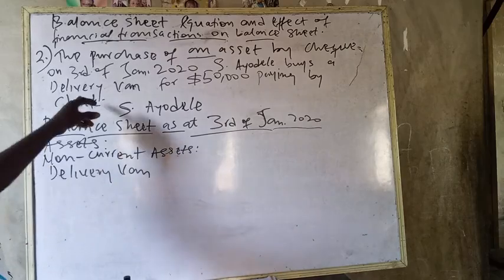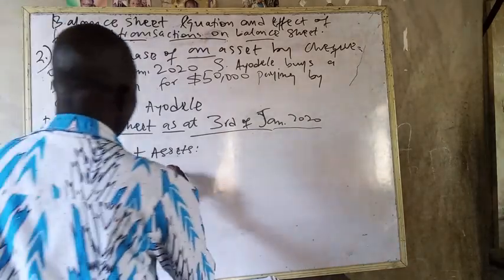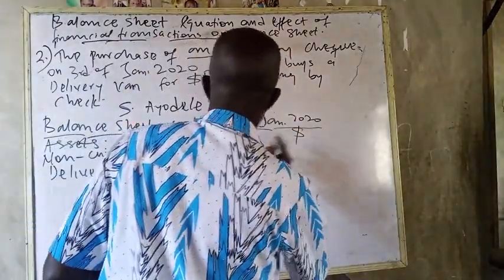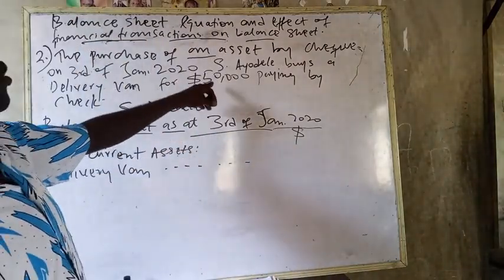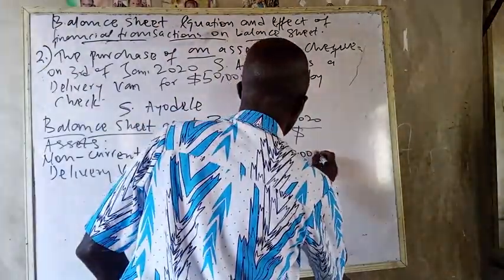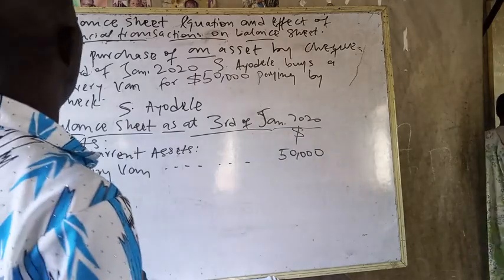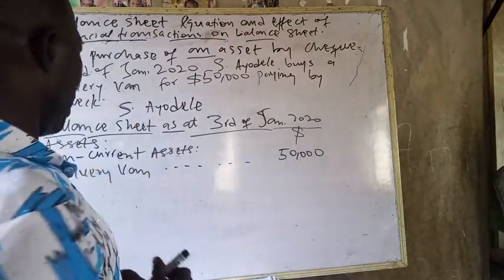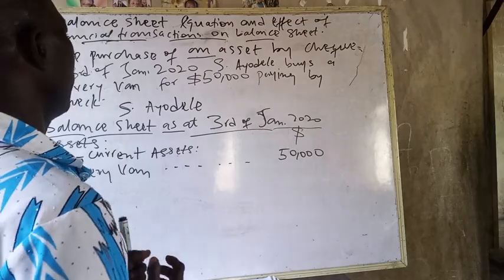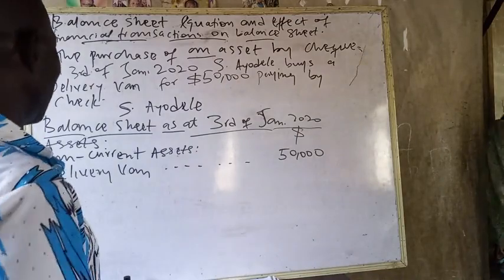Then now go to current assets. In the former example, you have only current assets, but here you have both. So delivery van, you have a currency sign. What is the amount of the delivery van you bought? $50,000. Then it was paid by check. So that means the asset we have in bank has been affected.